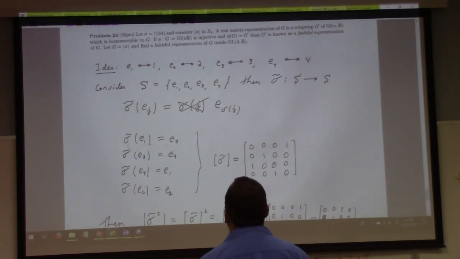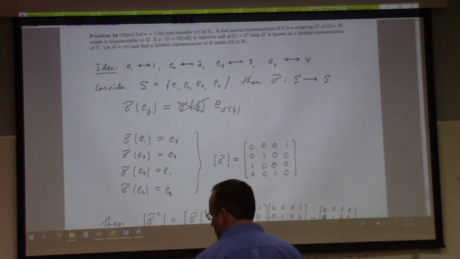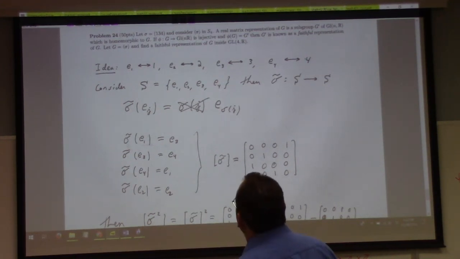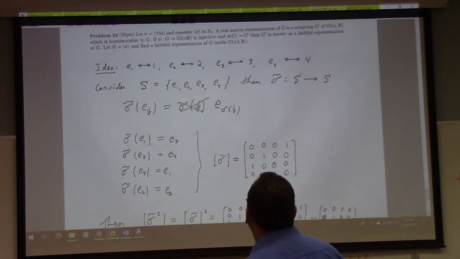So what I did, I think that this proof follows Cayley's theorem. Is that right? Cayley's theorem? So 1 goes to 3, 3 goes to 4, 4 goes to 1, and 2 is fixed.